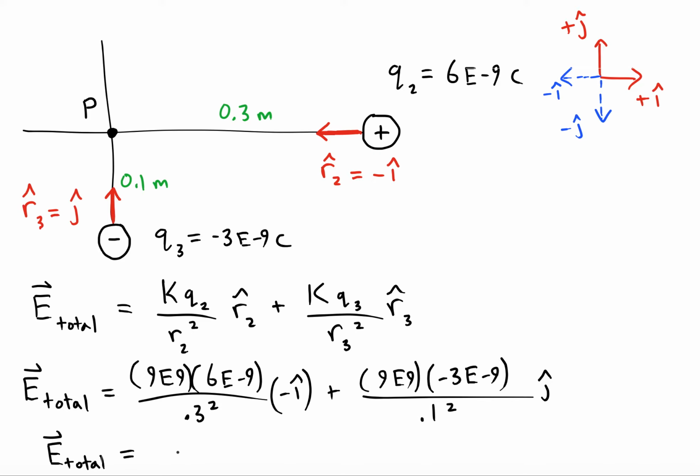If we did it correctly, we get the same answer as we had gotten doing it the other way. And it works. So our electric field points to the left and down.